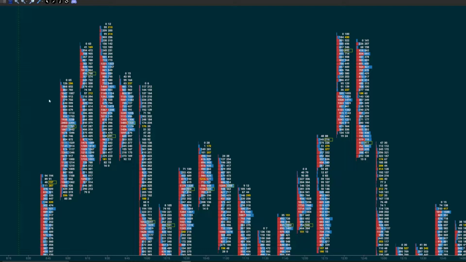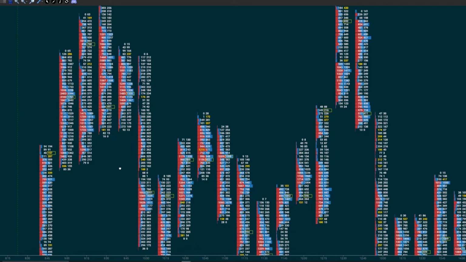And basically you can see how the candles are formed, right? We already talked about this. So this is the 9th, I believe, of December.